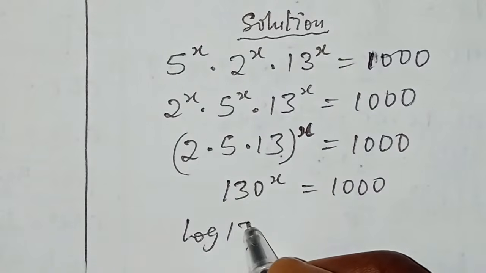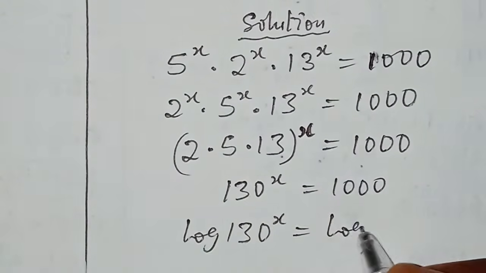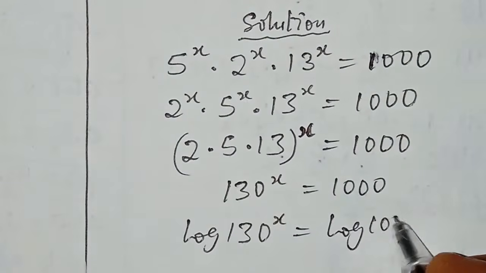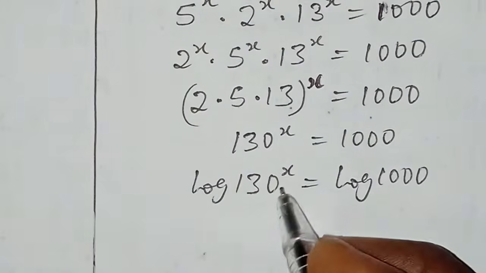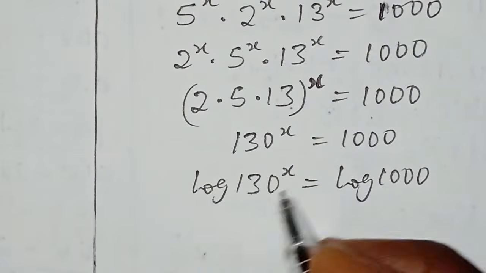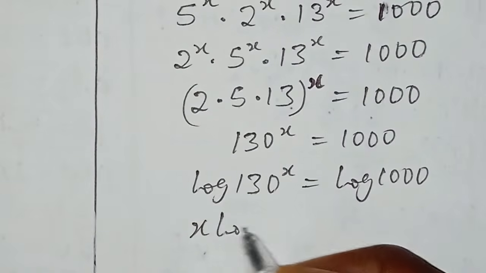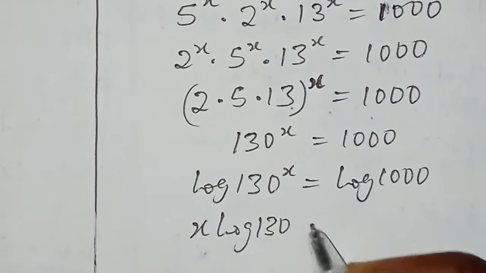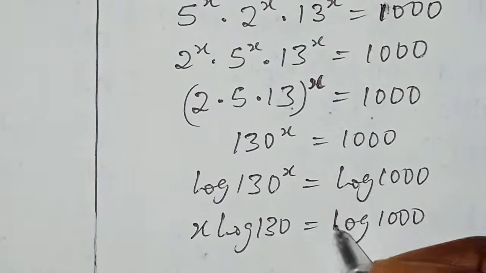Log of 130 to the power of x equal to log of 1000. Now we bring out the x from the exponent down to the base. So we have x log of 130 equal to log of 1000.